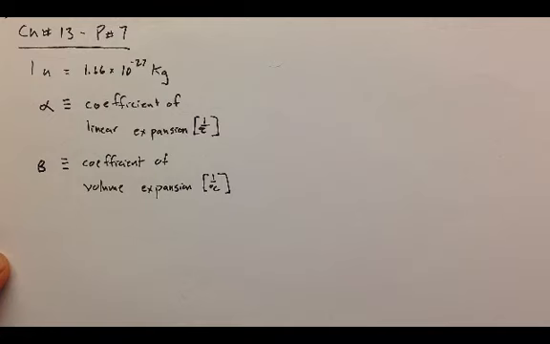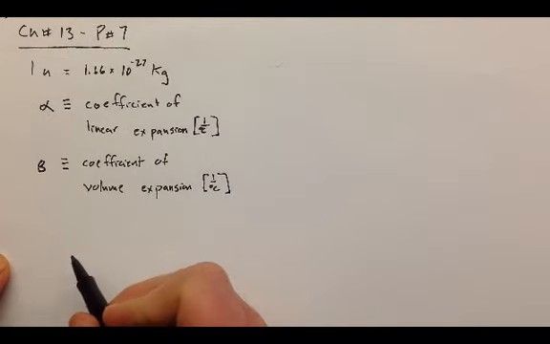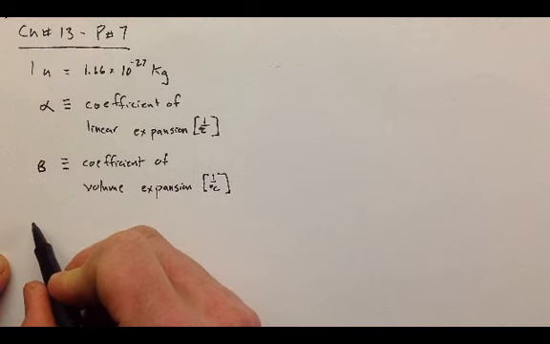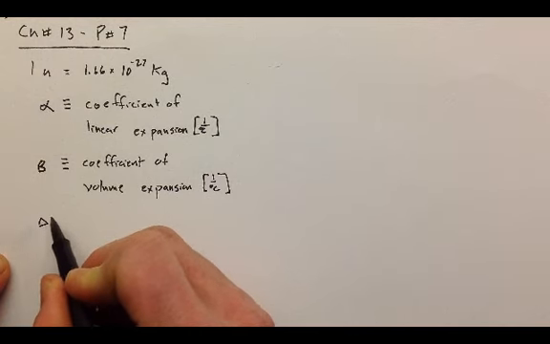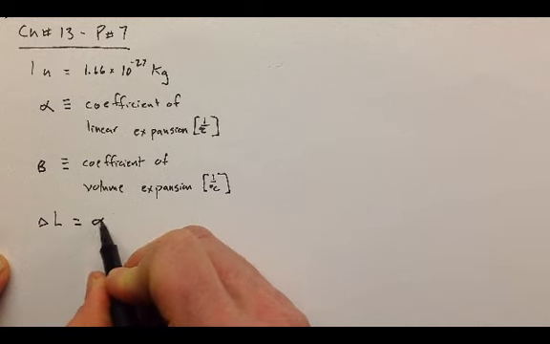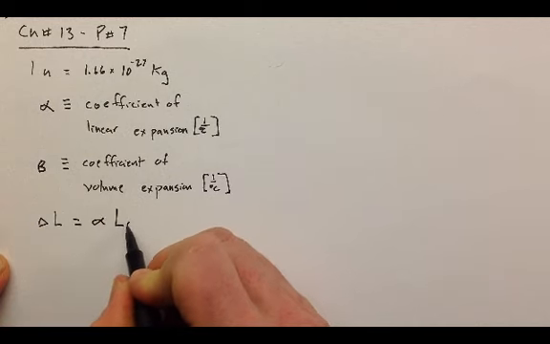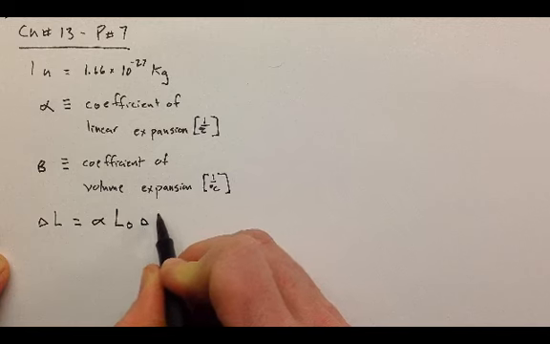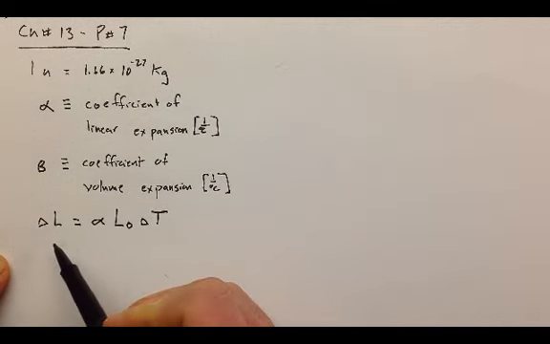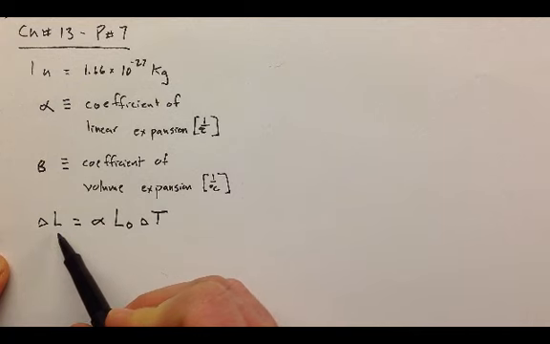Now the equation that we're going to typically use when discussing the expansion of solids is the change in length of the solid is equal to alpha times the original length times the change in temperature. Notice this is only the amount of the expansion.